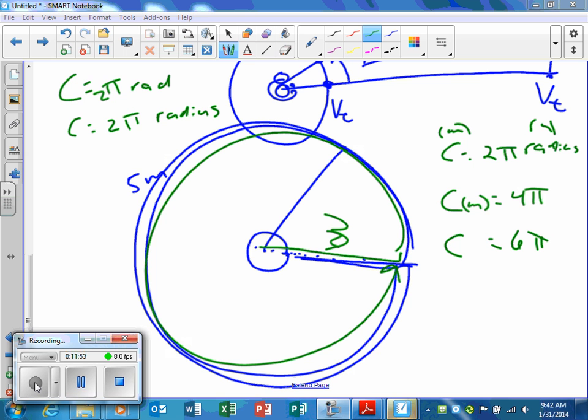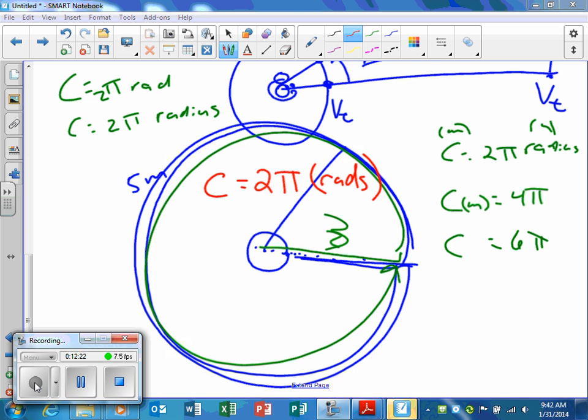But, okay. So my question to you is, or no, I don't have a question yet. I got to tell you one more thing. If I sweep out, okay, let me ask you this. This is the tie right here. You told me that for every circle there is 2 pi rads, right?